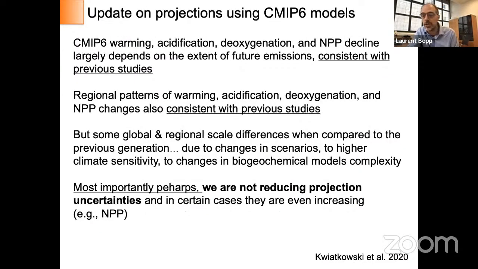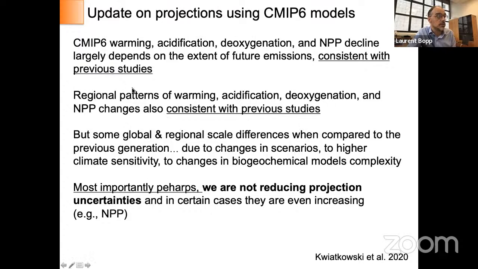So first conclusion here on the state of the art in terms of projections using biogeochemical components of climate models. You see that we project warming, acidification, deoxygenation, and NPP decline, which of course largely depends on the extent of future emissions. And this is consistent with previous studies.